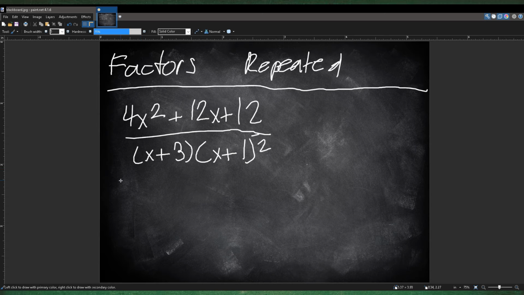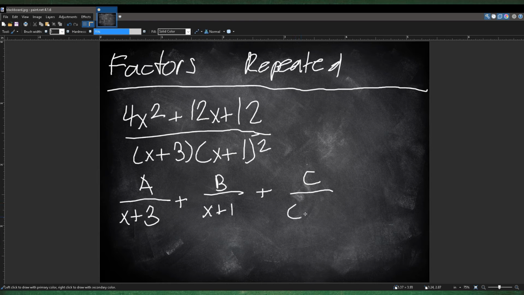You write A all over x plus 3, because that's the first term. The next term is B all over x plus 1, because that's the second one. And the third term is C over x plus 1 squared, because this is squared. If it's repeated, you have to write the next term. If this was cubed, then you would add D all over x plus 1 cubed. But since it's only squared, we're only going to work with the squared case.